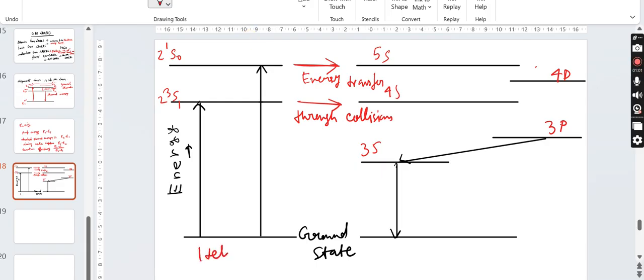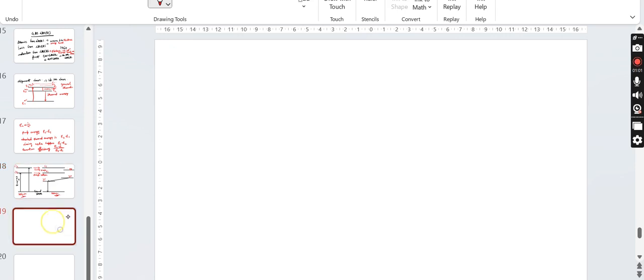So this is the energy diagram of helium atom, and that is helium atom. So this is the 3s1 layer, and this is 1s0 layer. So 3s1 is basically this number coming from 2S plus 1.